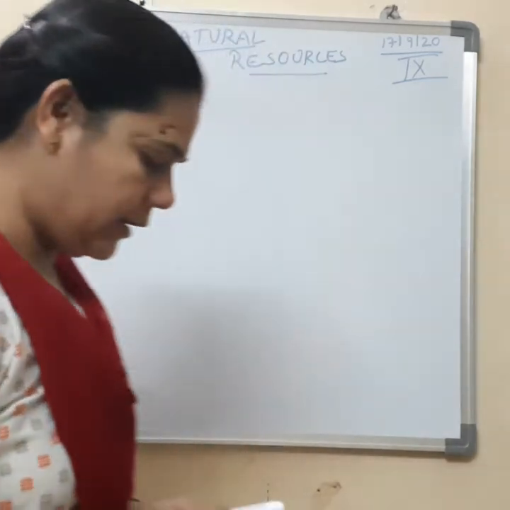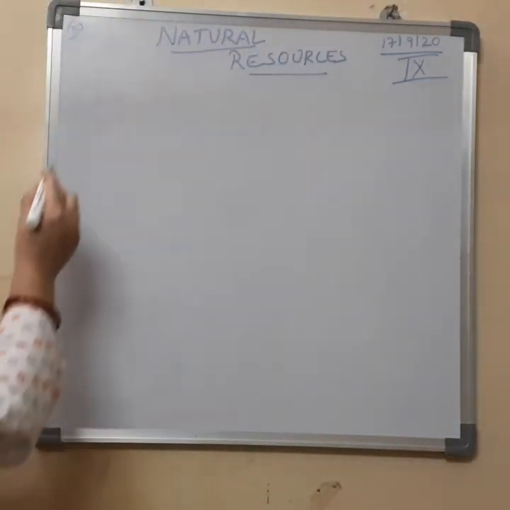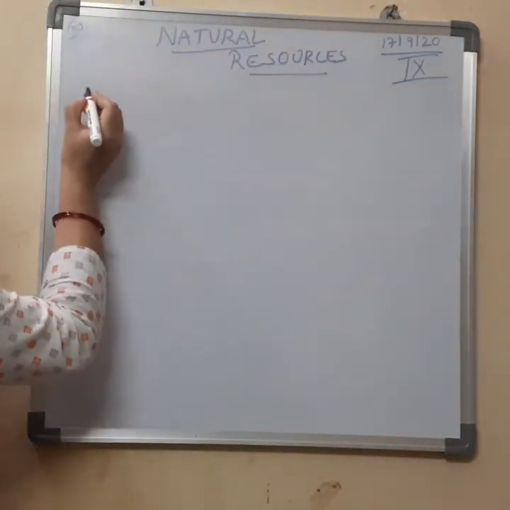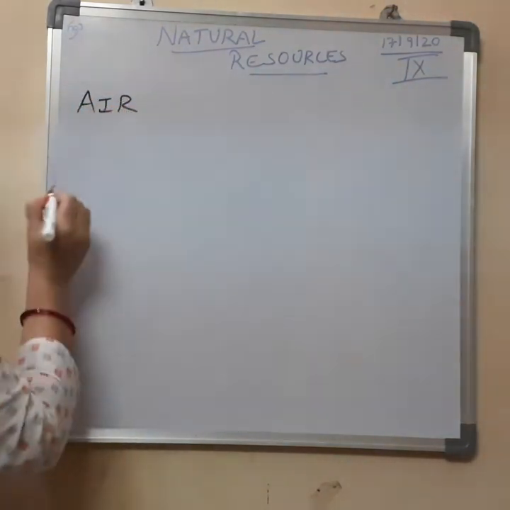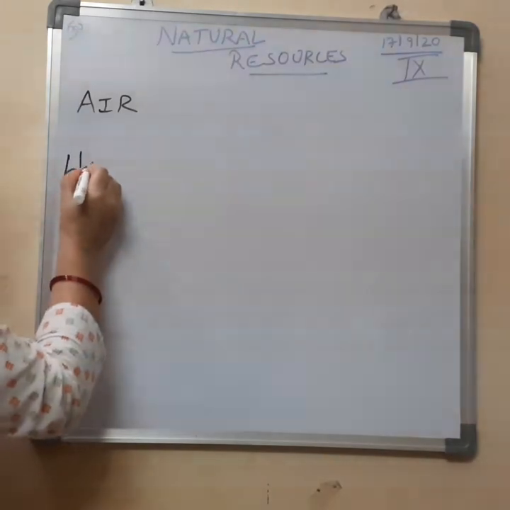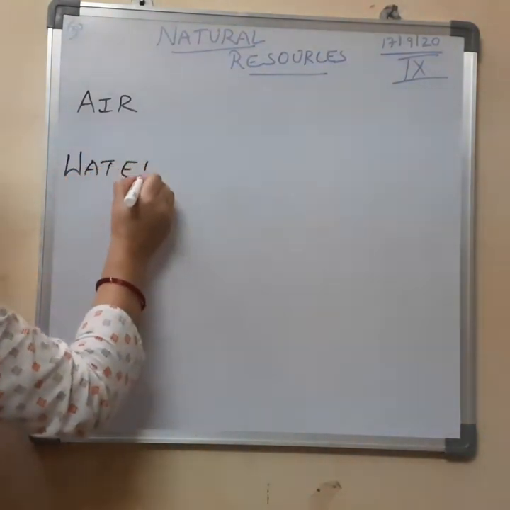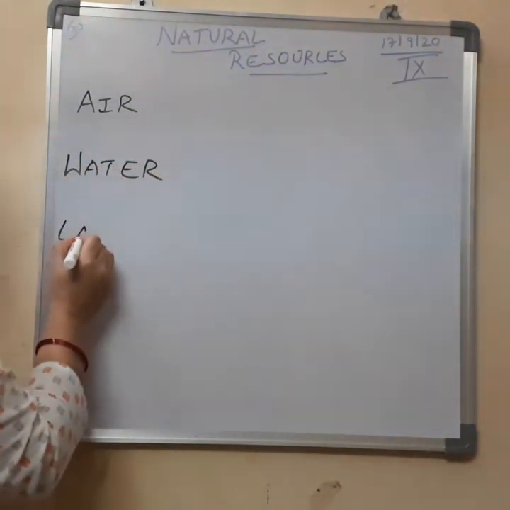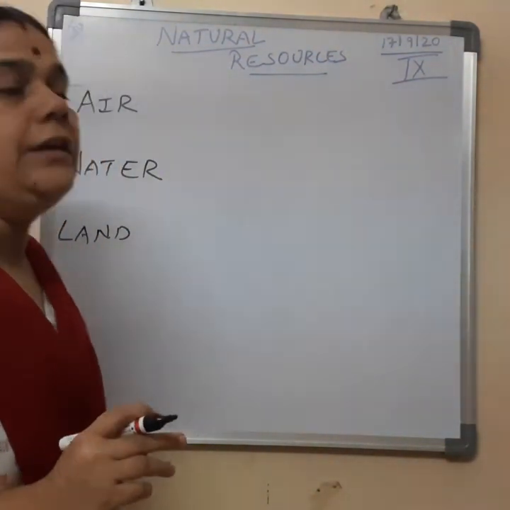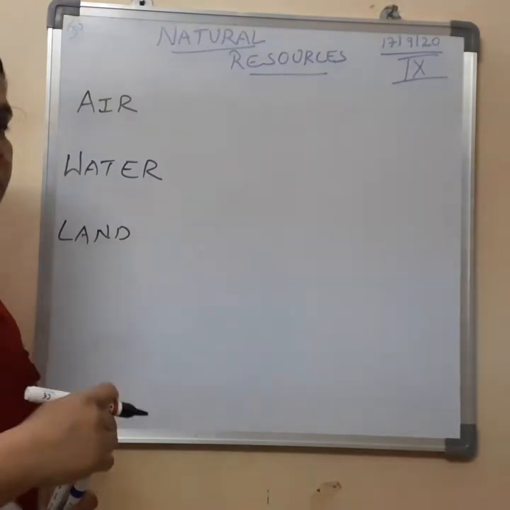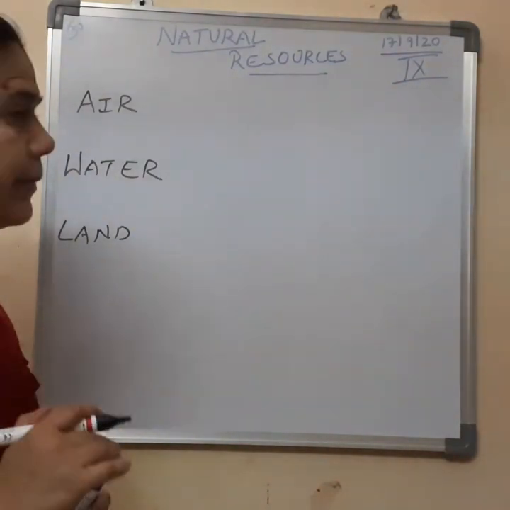Now, the major natural resources we obtain from nature or from earth are: one is air and the other is water and then land. Now, these are the three main resources which are utilized by man.